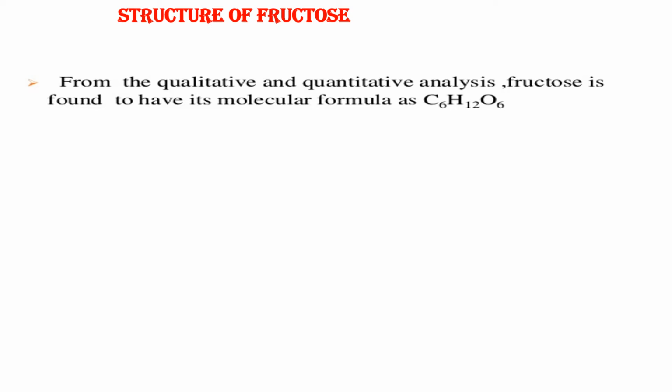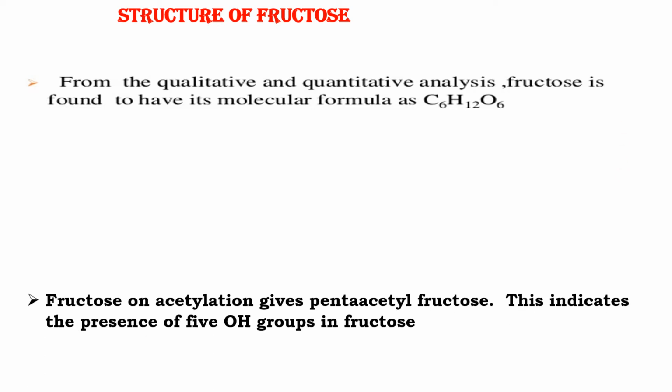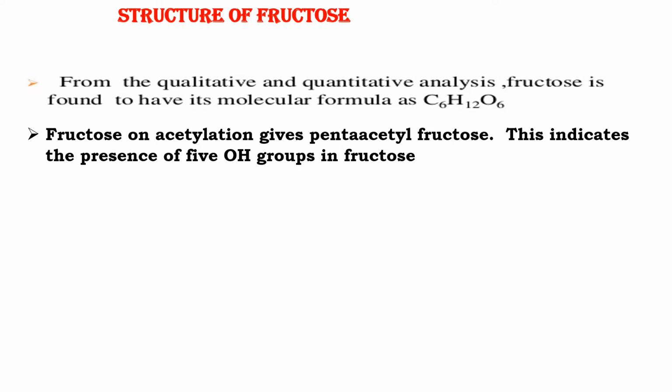Moving to the open chain structure of fructose, we have to think about the experimental observations. So the first point is that from the qualitative and quantitative analysis, fructose is found to have a molecular formula of C6H12O6.